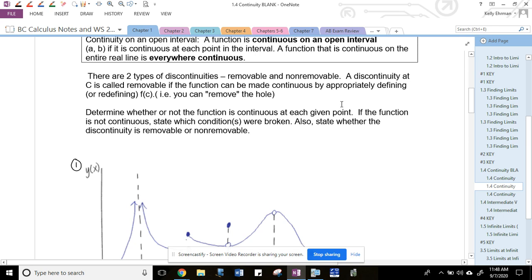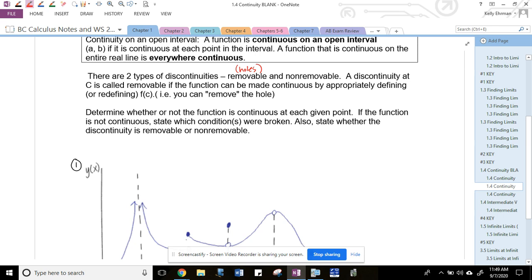There are two types of discontinuities, removable and non-removable. A removable discontinuity would be holes in the graph. We say those are removable because think back to your graphing rational functions days. We could factor the rational function, cancel out a factor in the denominator, and if something canceled, all of a sudden it was no longer a vertical asymptote, it became a hole in the graph.